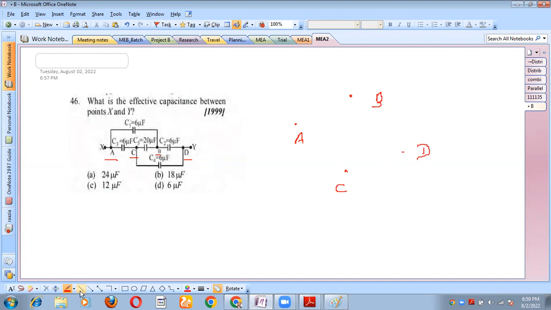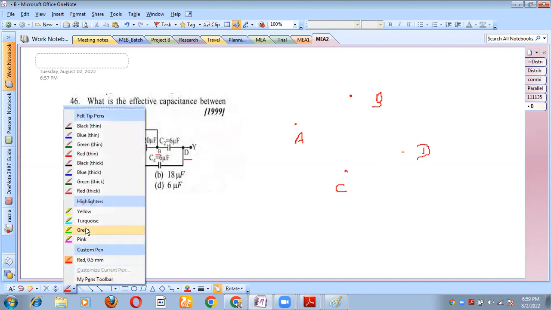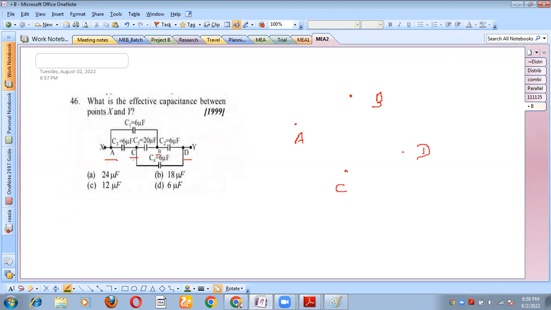If you see, between A and C, we have this capacitor. So connect the capacitor between A and C like this. What is its capacitance? 6 microfarad.